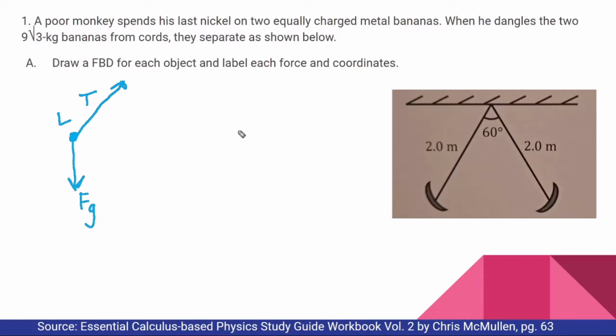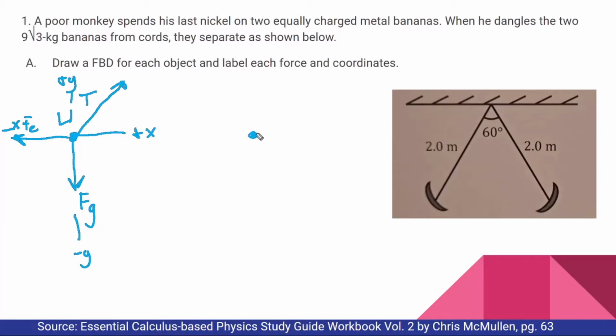And we know that it is being repulsed by its equally charged counterpart over here, so therefore it'll also have an electric force this way. I'll note that this will be positive x axis, this will be negative y, over here will be negative x, and up this way will be positive y.